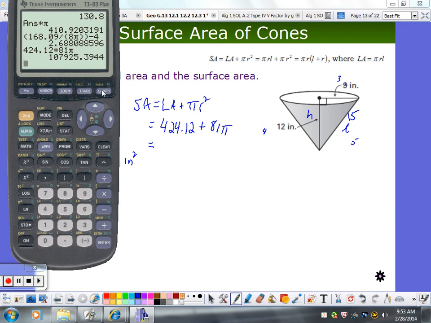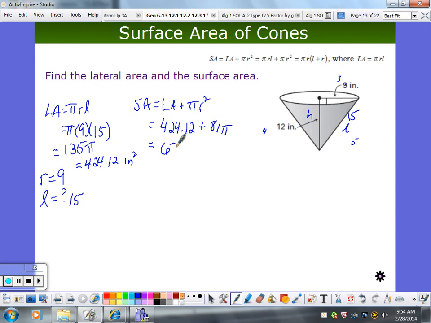Oh, that was way wrong. I did something way wrong. I need to add and not multiply. That would be a very, very big number. That look about right? 678.59 square inches. Yeah, that's better. That's the surface area, that's it.